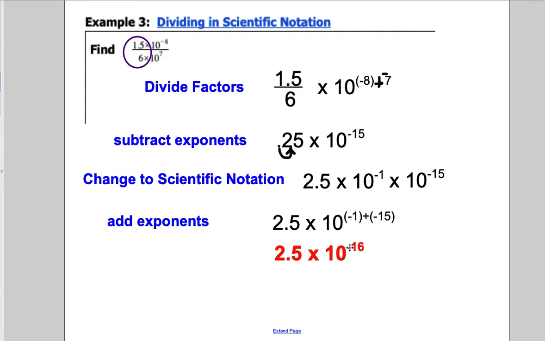I know I am done with this problem because 2.5 is a number between 1 and 10 times a power of 10, that's scientific notation. It's good to go. Okay, so divide, subtract, change into scientific notation, re-add your exponents, and you are done.